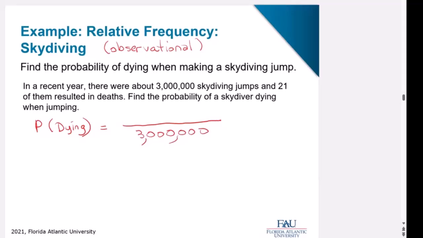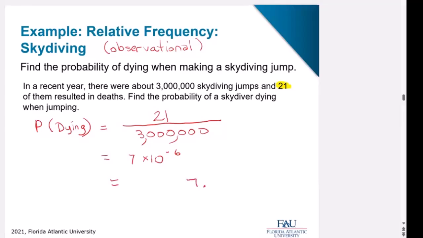There's still only two possibilities, but only 21 people that I observed have died skydiving. I would say the probability is 21 over 3 million, which equals 7 times 10 to the minus 6, which would be the same as saying 7.